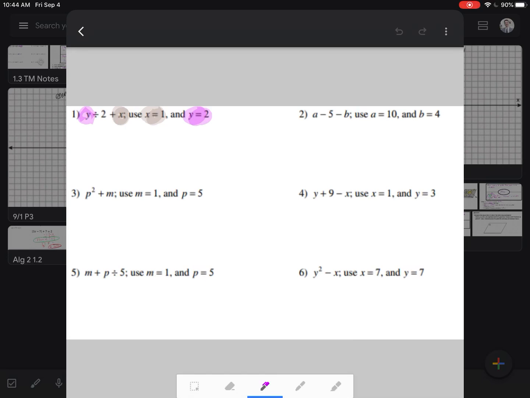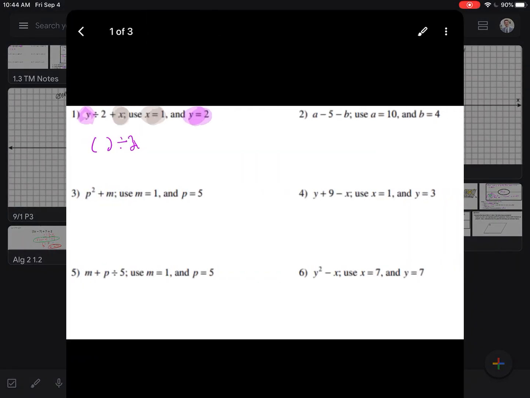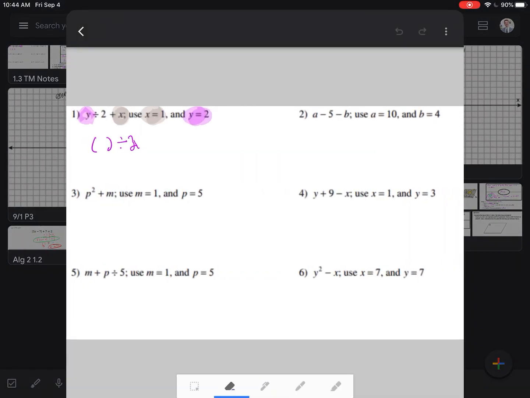So if I go to plug in here, my expression is y divided by 2, and I messed that up. Wow, my board is not agreeing with me today. All right, so y divided by 2 plus x.